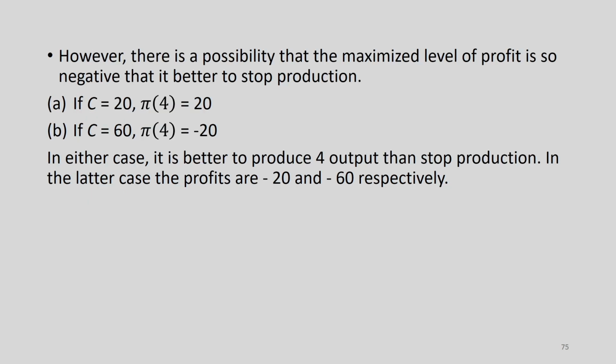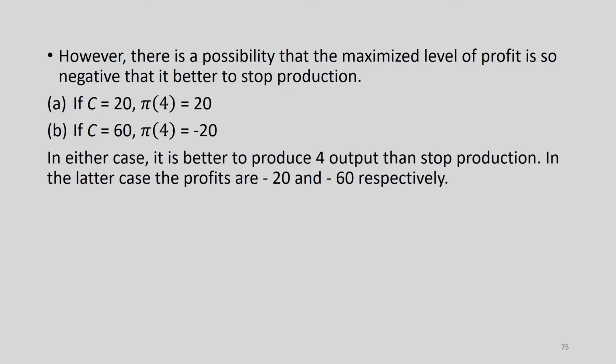However, there is one caveat. However, there is a possibility that the maximized level of profit is so negative that it is better to stop production. Okay, let us try to understand what I am trying to say. If the fixed cost becomes very high, it is possible that even after maximizing the profit, the profit that you obtain becomes extremely negative.